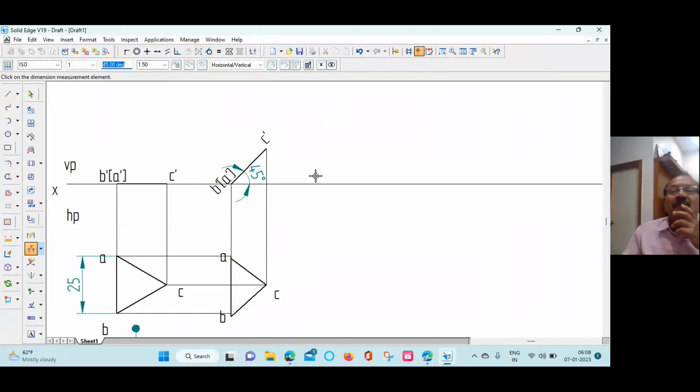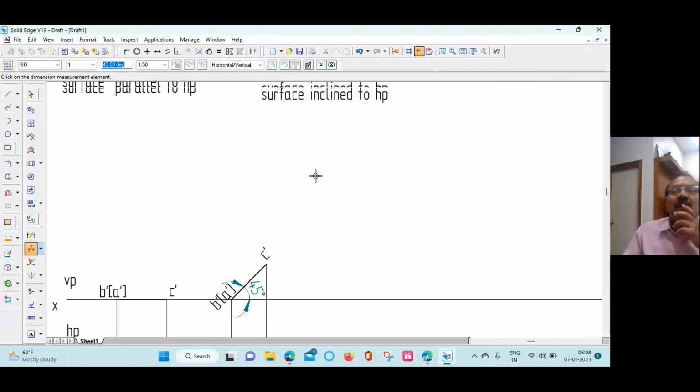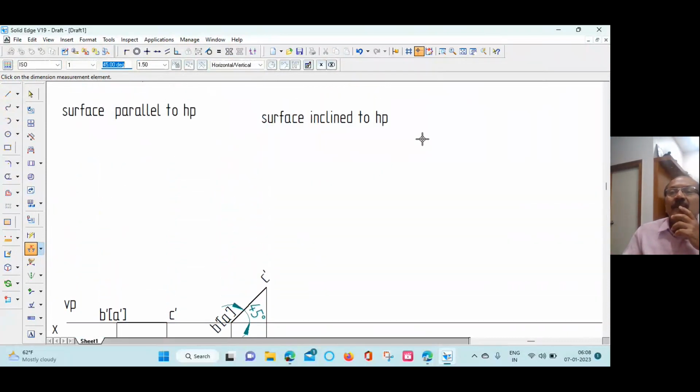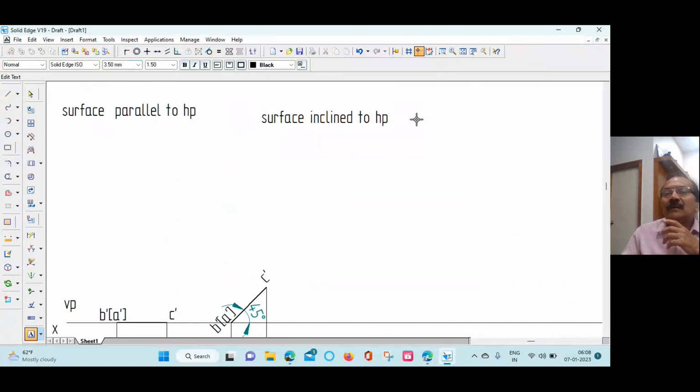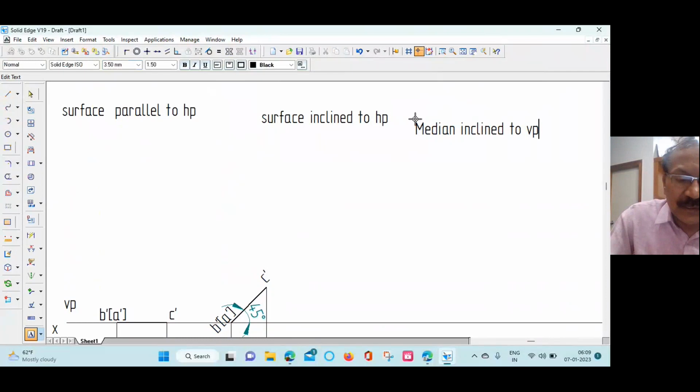Now, the third position is median inclined to VP at 40 degree.